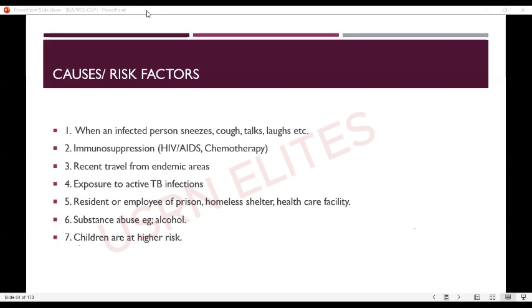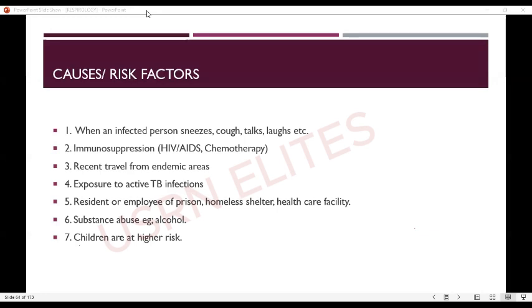When someone coughs with TB, you are easily going to get it. Just simple like that. Or you are in a homeless shelter, okay? Or you work in a healthcare facility, like we in the RNs. If you're an RN, you work in a healthcare facility, people come with tuberculosis, they cough, they sneeze, they are here and there. It can put you at risk for getting tuberculosis.